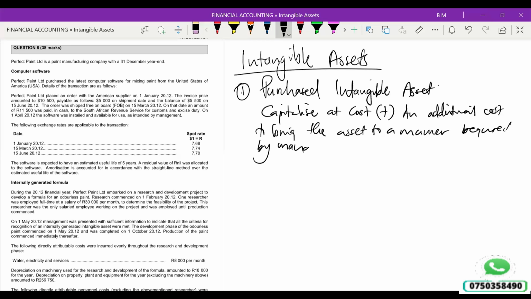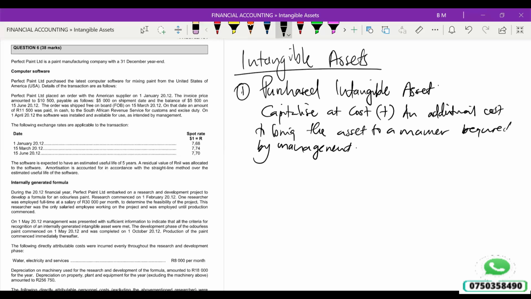So you can purchase an asset at its cost price, then we're going to capitalize any additional cost that is incurred to bring the asset to a manner that is required by management.